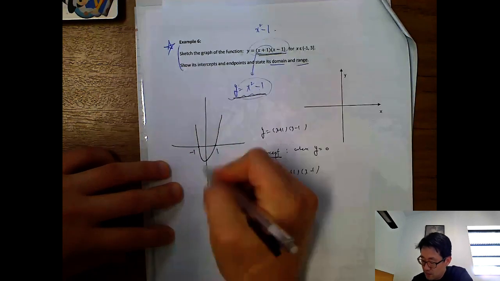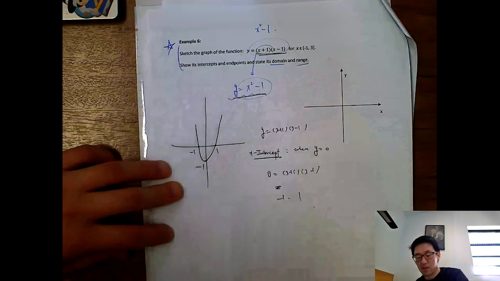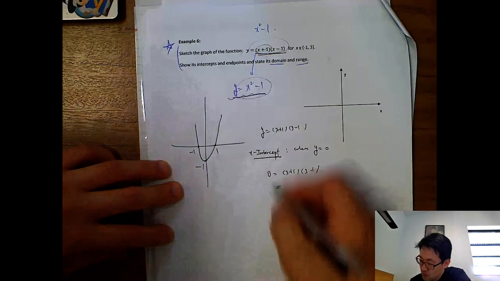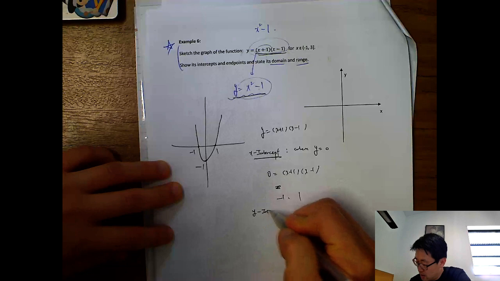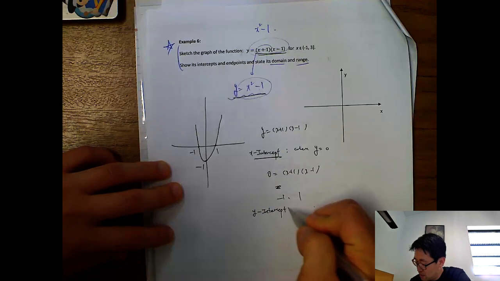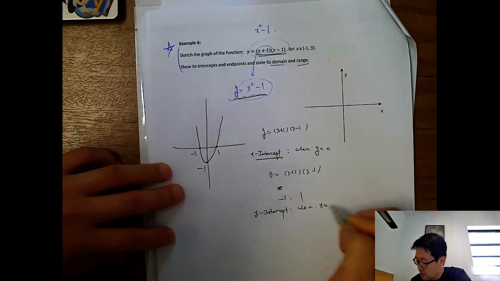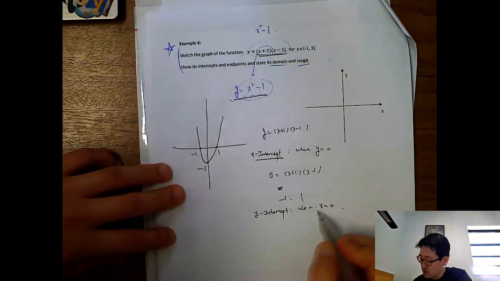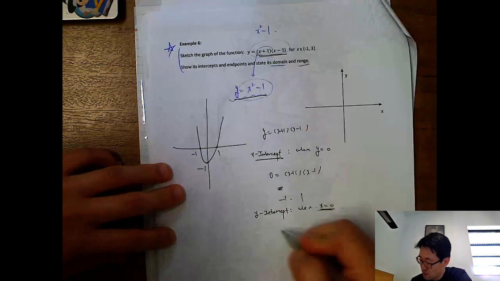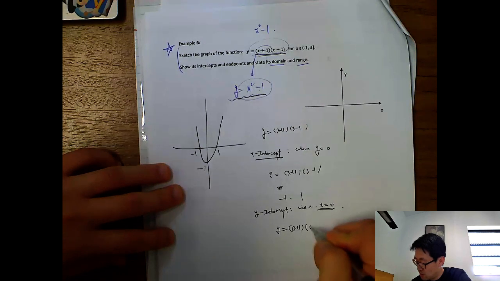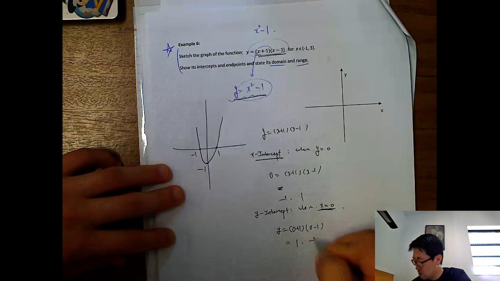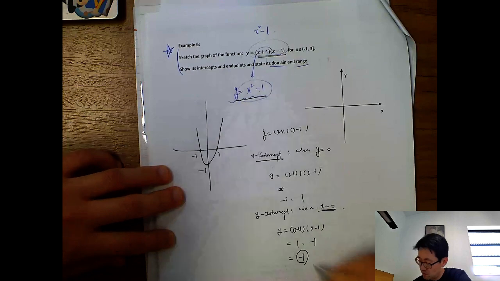And from here, I can get that it's minus 1 as well. Or you can do it this way: y-intercept is when x equals 0. You can use several different ways. When x equals 0, y equals 0 plus 1, 0 minus 1, 1 times minus 1, which is minus 1.